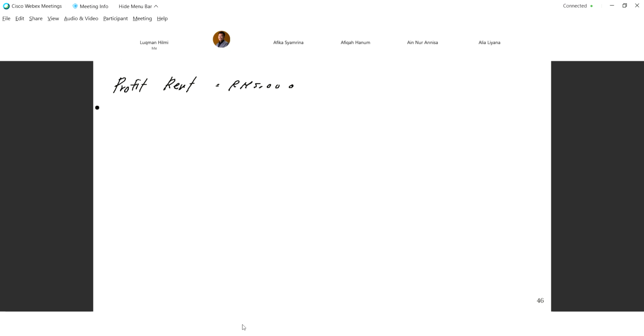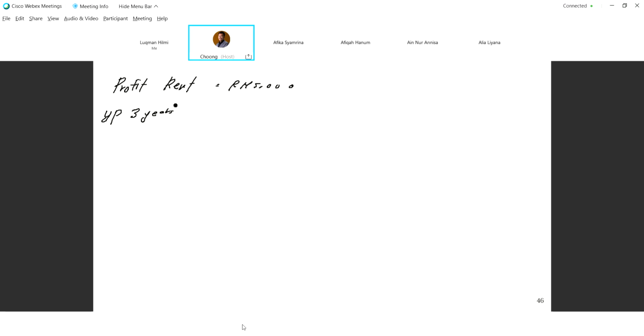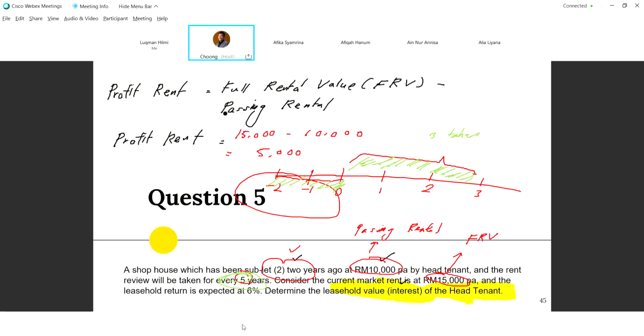So what happened is that we can apply the year purchase, 3 years, all right, 3 years, and it doesn't give any interest, 6%. It only gives you 6% only, but it's supposed to have another, the annual sinking fund here.